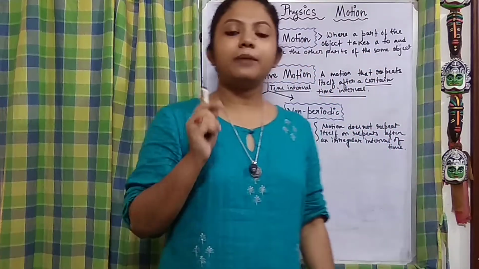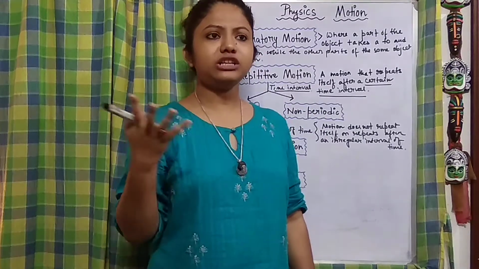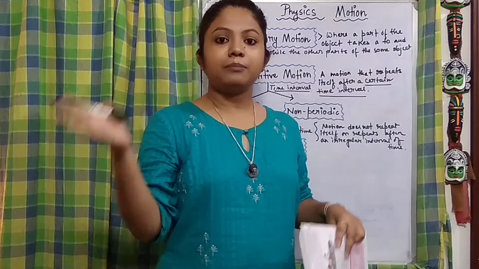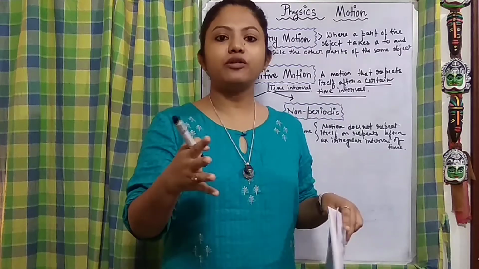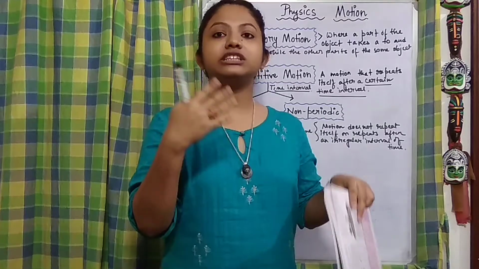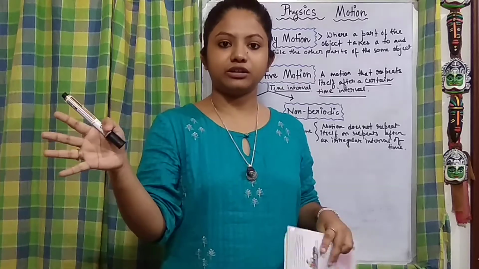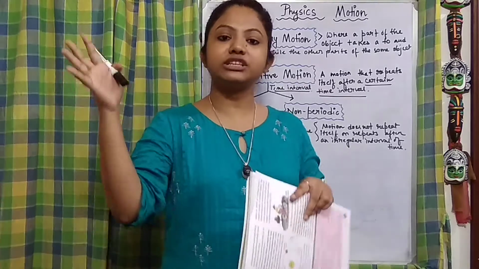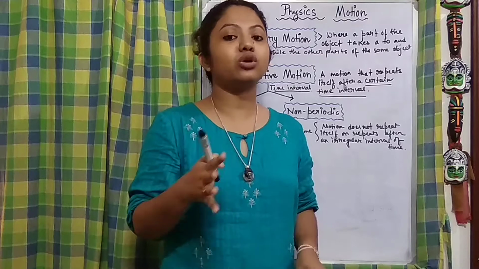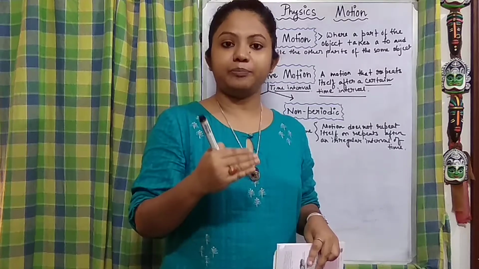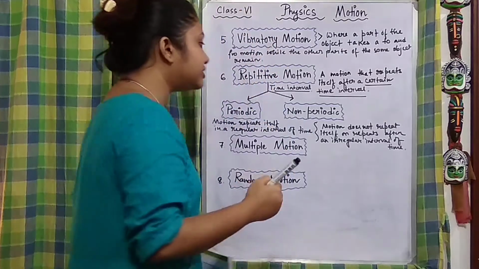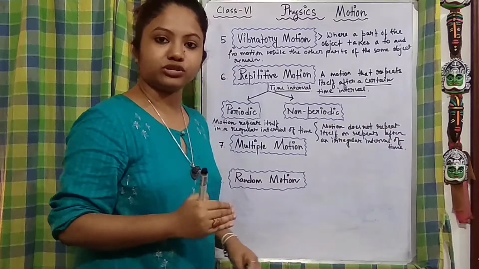While if we are playing football, the ball is moving, but does the ball have a rhythm of its own? We kick the ball in a haphazard manner, so the ball moves in a haphazard manner, and its timing is also not a regular pattern. That is the reason it is a non-periodic type of motion.